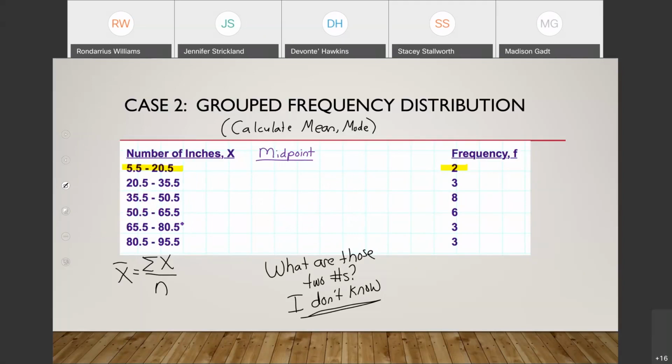What do I need to do? I need to add the two numbers, the 5.5 and the 20.5, and then divide by 2. That should give me 13, just like Cody said a minute ago, for the midpoint on that first class.